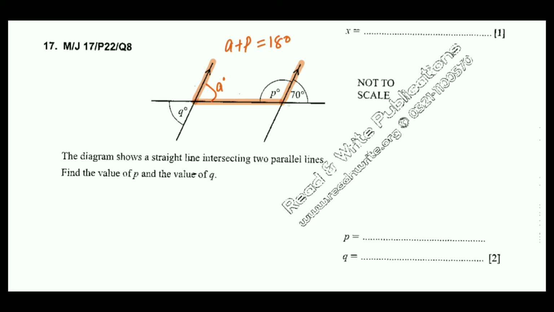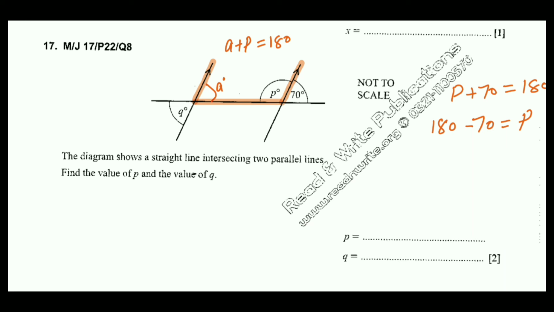So if this is 70, it means we can easily find P by the angle sum on a line property. So 180 minus 70 is equal to P. You can also write P plus 70 is equal to 180.